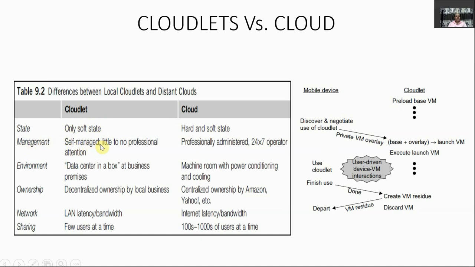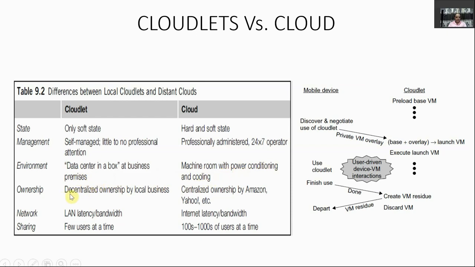The cloudlet is managed by itself, and it requires little to no professional attention, but the cloud needs to be professionally administered, and 24 by 7 operator attention is needed. A cloudlet can be a data center in a box at business premises, but the cloud requires a machine room with power conditioning and cooling.